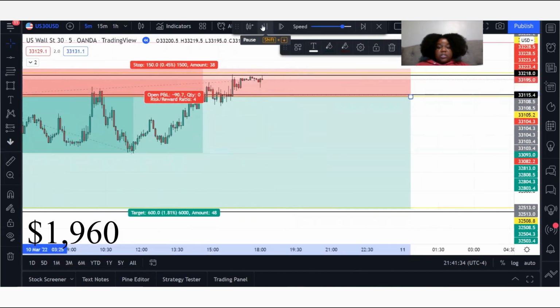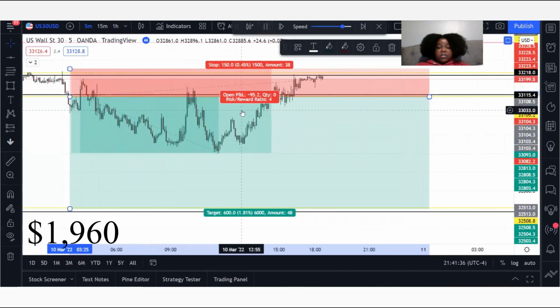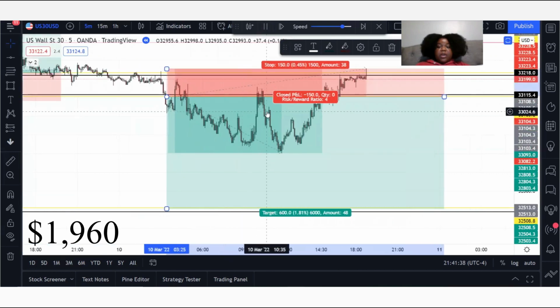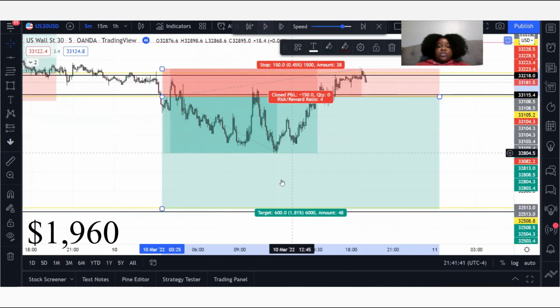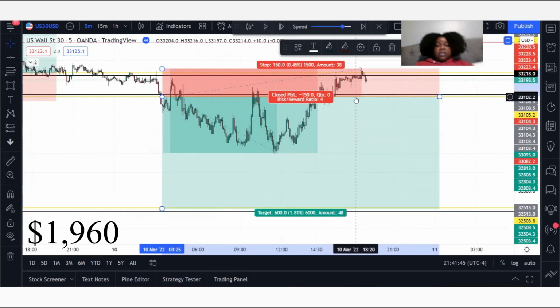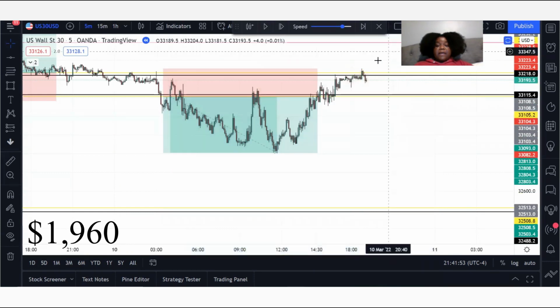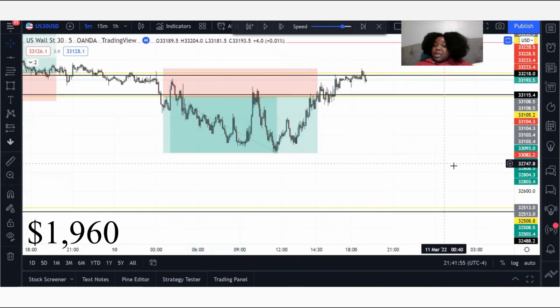I don't think we're still in this trade, y'all. What happened? Remember, you guys, I told you once you hit TP, you should move your stop loss to entry. So technically, we were not in this trade anymore because it definitely hit entry. So technically, this was invalid. We didn't get that, but we sure did make $300.